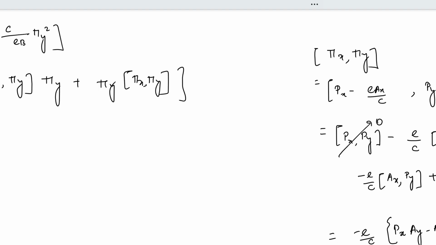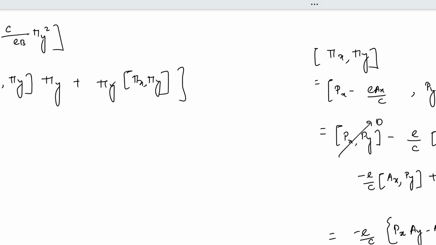You have to maintain the sequence or order in which they are placed. So now Ax Py is minus i h cut Ax del y, then minus of minus i h cut is plus i h cut, then this Py is at first, so this is operating on Ax, so del Ax del y. So this is the final thing, right?